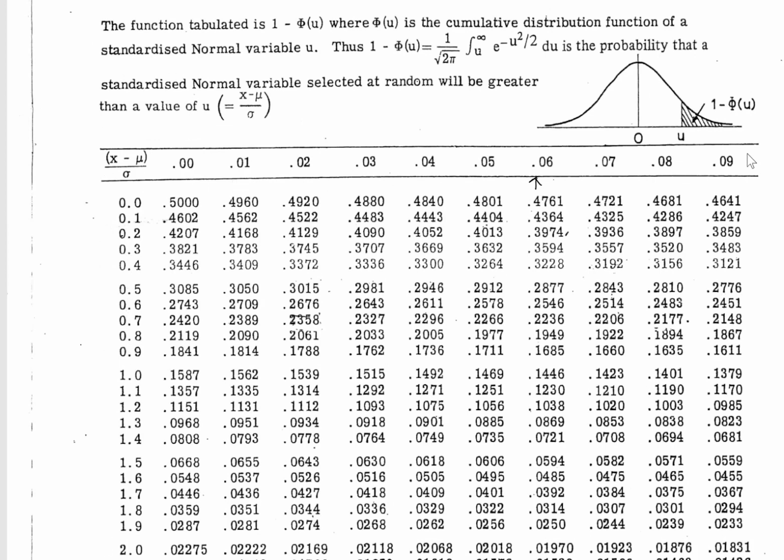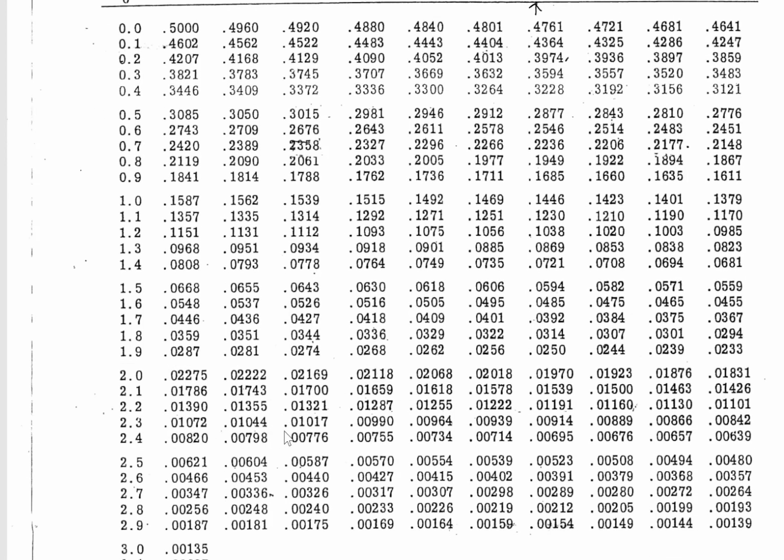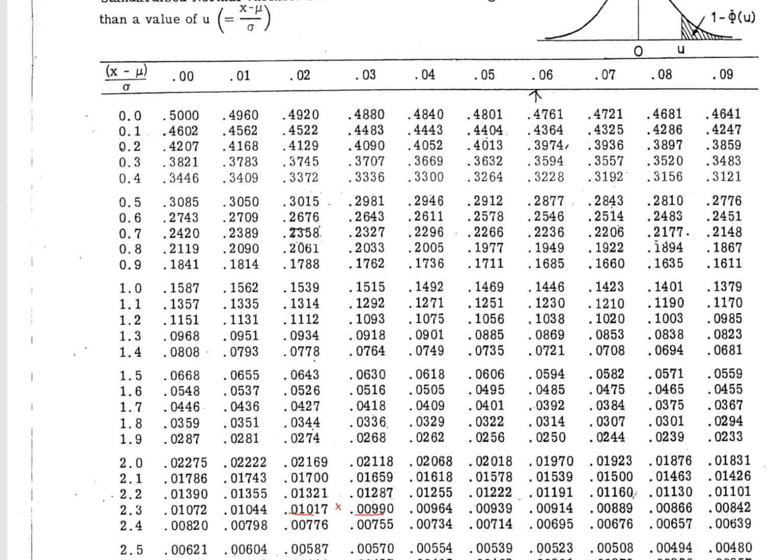We are given alpha equal to 0.01, so it comes from here. It is near, between these two values, so we take the middle. We have 2.32 plus 2.33.